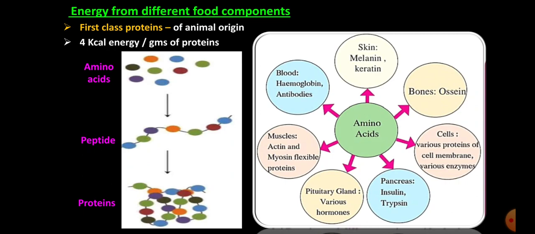The pancreas has insulin and trypsin. The pituitary gland secretes various hormones. Muscles have actin and myosin, flexible proteins. Blood has hemoglobin and the antibodies. So, these are all obtained from the amino acids.